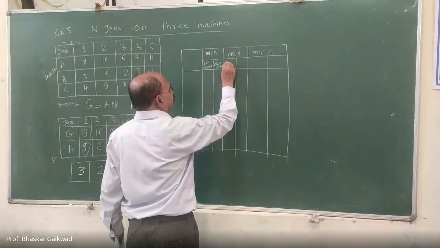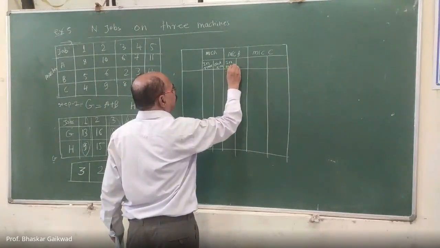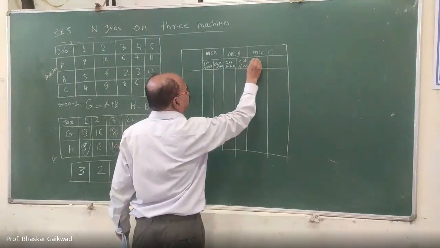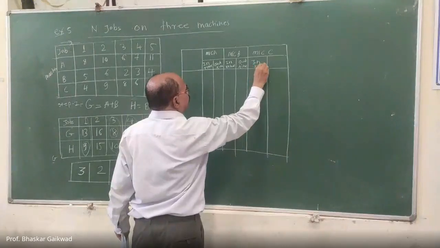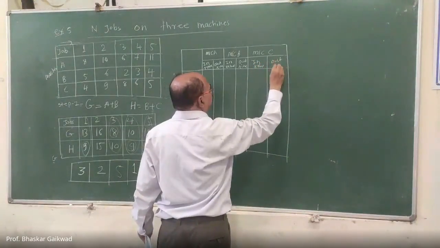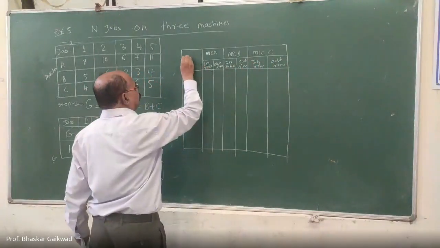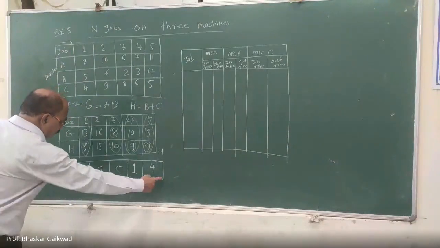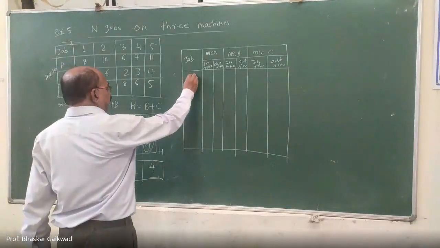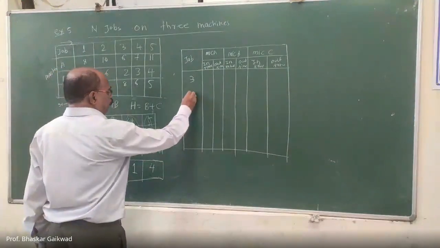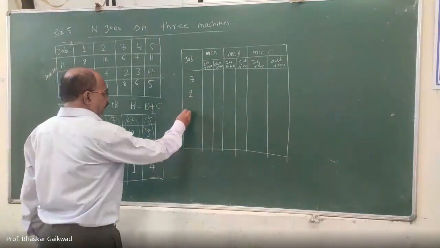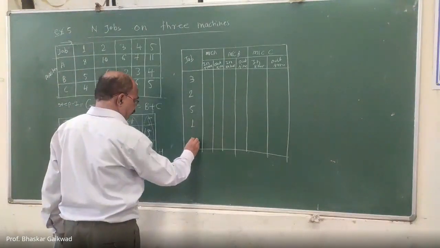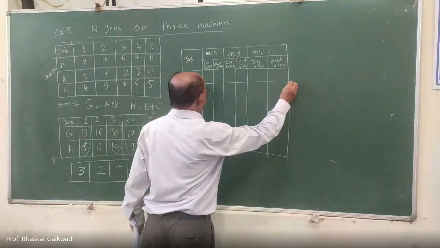Similarly, here for B machine, in time, and this is the out time. So here is the in time, here is the out time. Okay, and here is the job sequence. So which sequence you have made? This one. So you can write here 3, after this 2, after this 5, after this 1, and after this 4. So you can make the sequence like this.